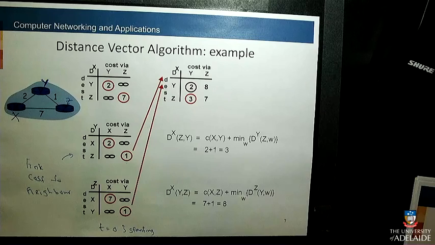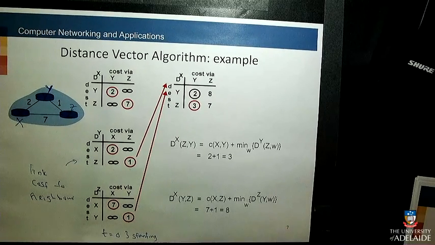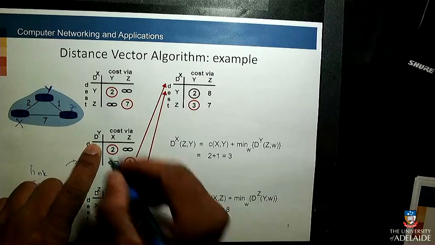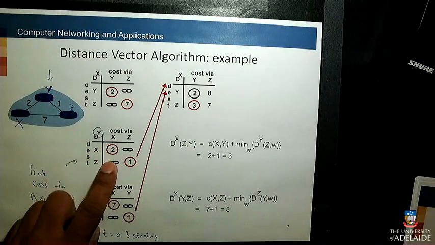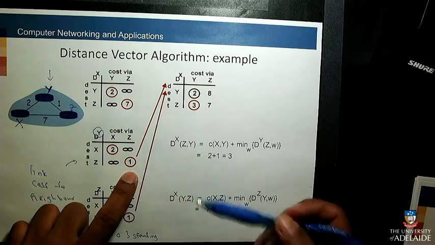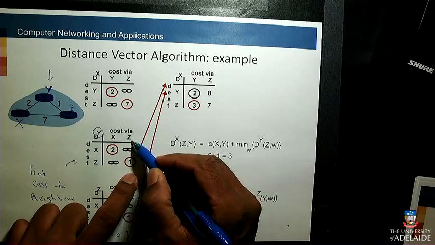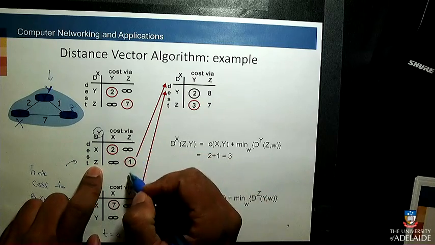And then let's assume that at the next time step, what they're supposed to do is that, oh, I have a new link cost, so I need to tell my neighbors. So let's assume that in the next round, let's pick Y as an example, so this guy here. And then Y advertises its new link cost and says that my link cost to Z is 1, right?